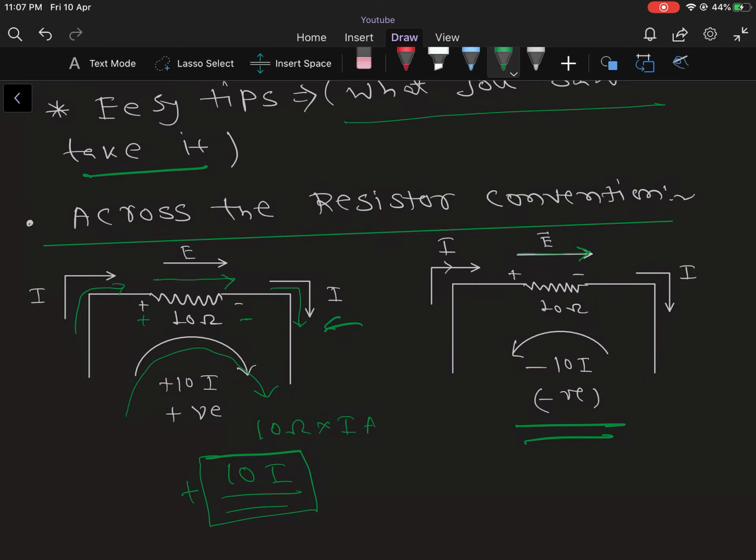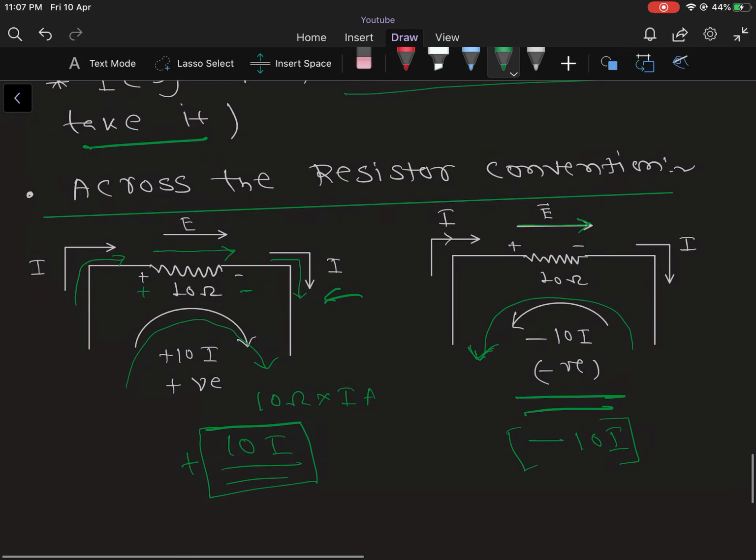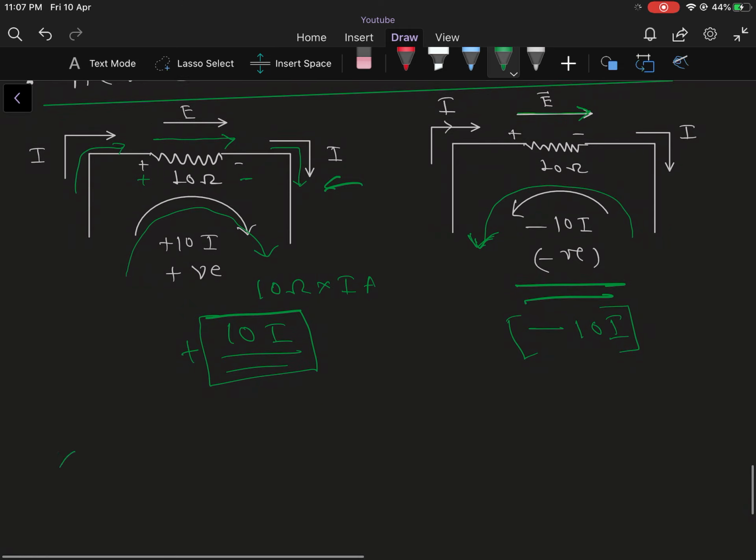If we move in the loop in the anti-clockwise direction, we are moving opposite to the electric field. In that case, we take the voltage drop across the resistance as minus. Or you can remember it: if you go against the current, take it minus; if you go with the current, take it plus.